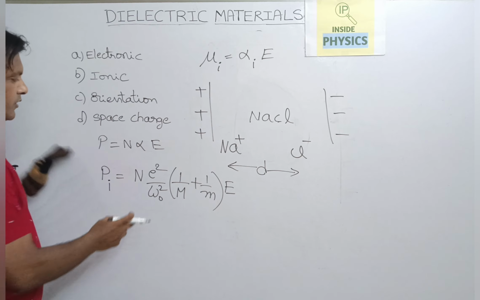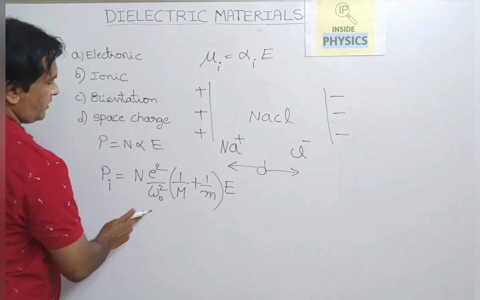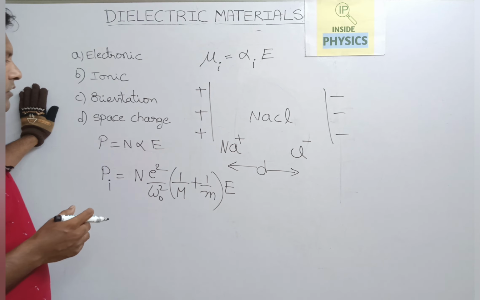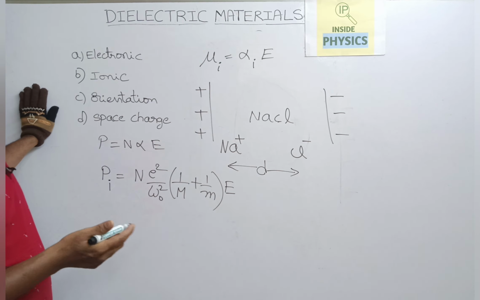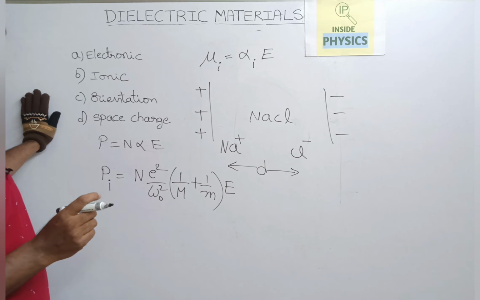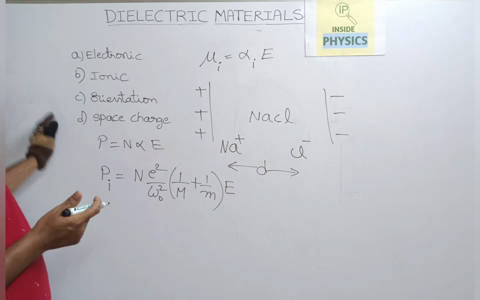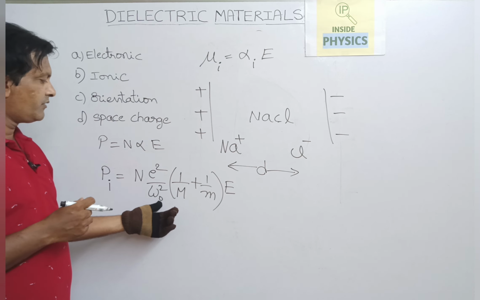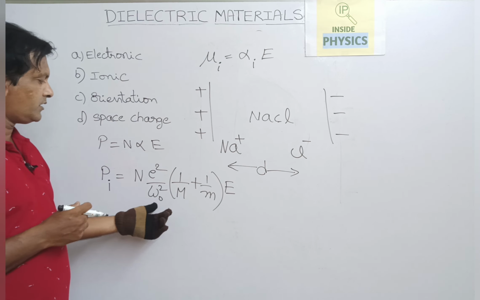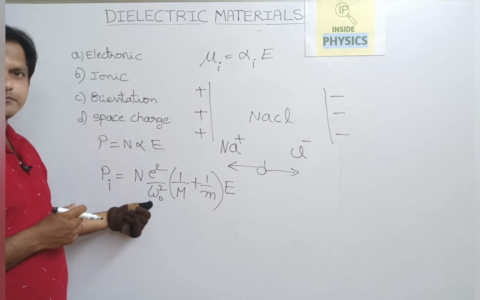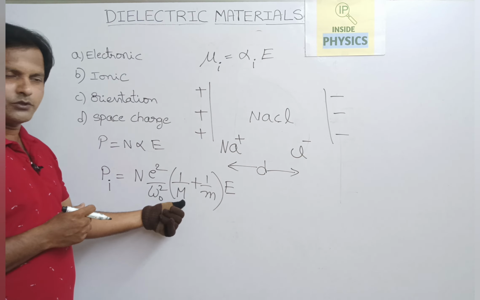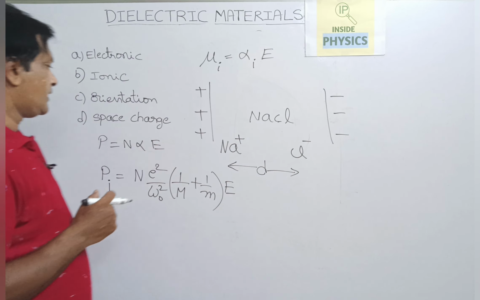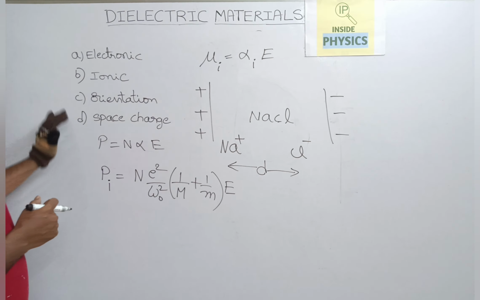Here E is the charge of the electron, and omega naught is the angular frequency of the molecule or ion. There is a vibrational frequency for each atom or molecule, and that natural frequency of a molecule or ion is considered here as omega. Capital M is the mass of the sodium ion, small m is the mass of the chlorine ion, and E is the external applied electric field.